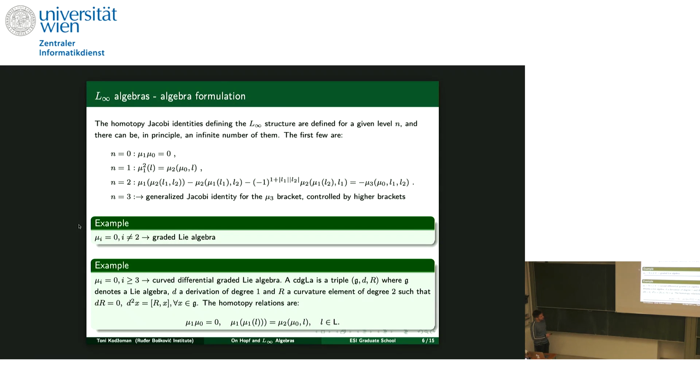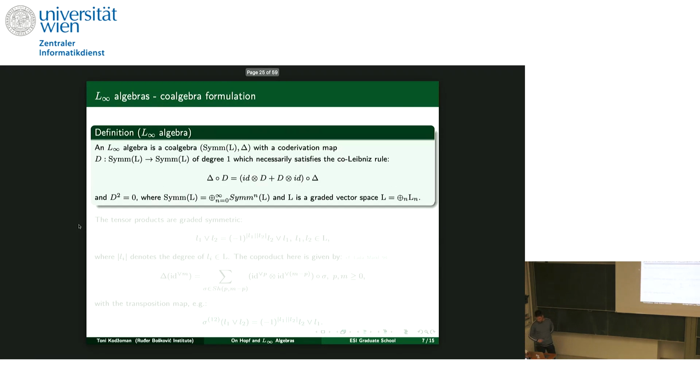So this is that relation, mu_1 being d, mu_0 being the curvature. And here we have mu_1 squared of an element, so d squared equals the bracket, mu_2 of the curvature and an element.